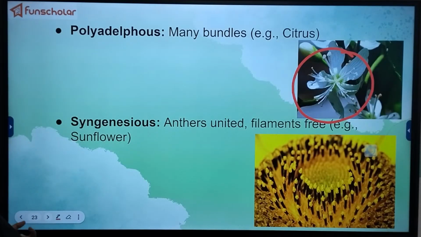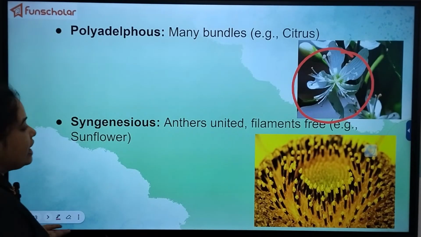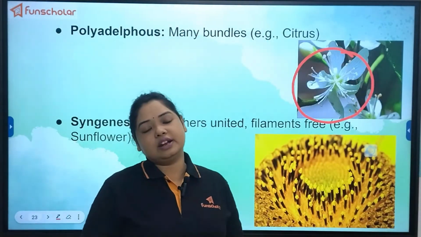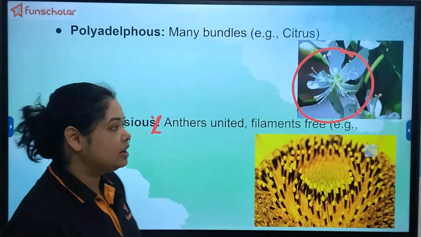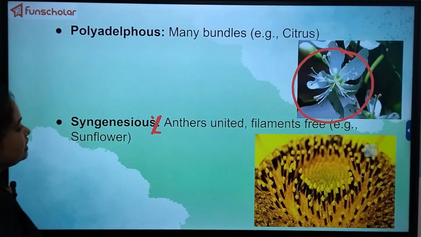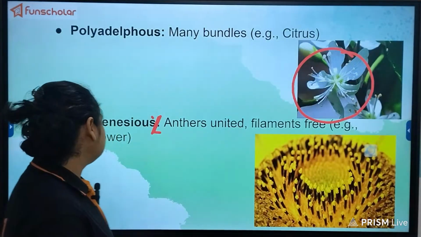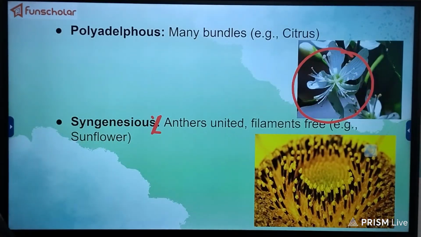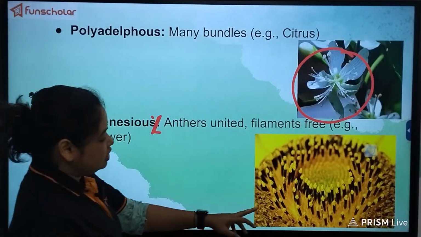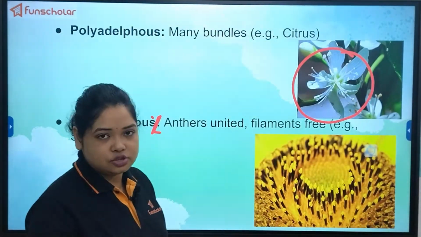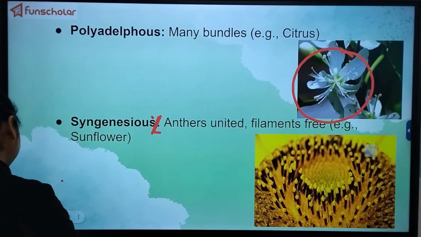Now syngenesious, in this anthers, so till now we have seen that the filaments are united and the anthers are free, but in case of syngenesious, the anthers are united but the filaments will be free. The example includes the sunflower. Here the anthers are united together, means on the top they are united together, but their stalks will remain free.